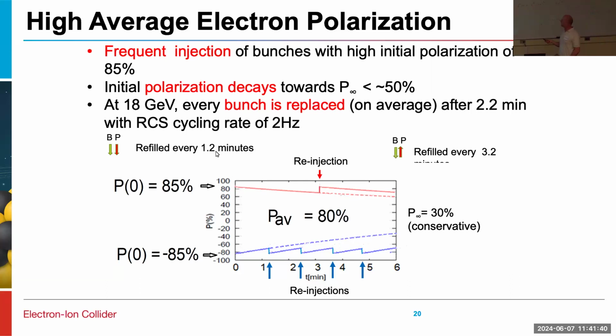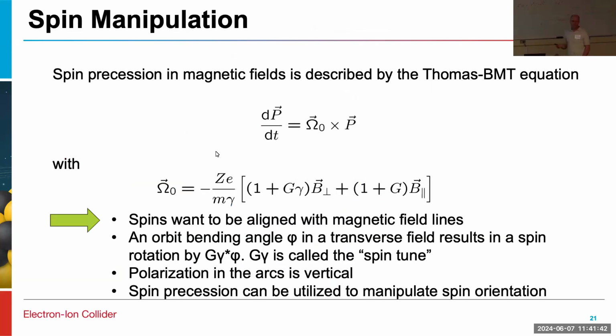So that is how we solve this problem of getting bunch patterns or spin patterns in the electron storage ring. So now, how do we manipulate the spins? The spin precession in magnetic fields is described by the Thomas-BMT equation, right?